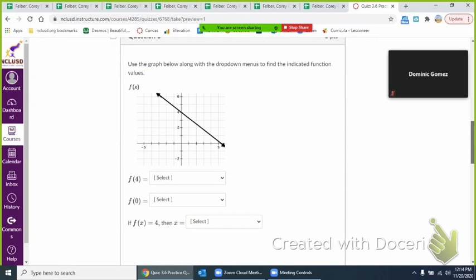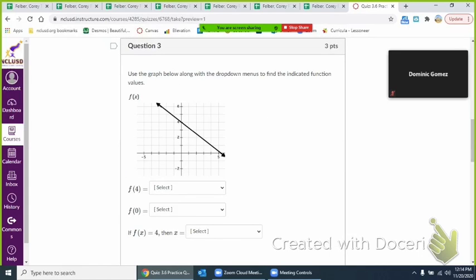Okay, now it works. So you're going to have drop-down menus right here.